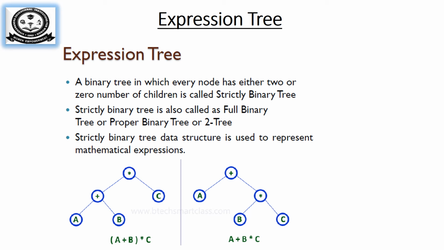When you are given an infix expression, that infix expression has to be converted into a postfix expression, and the postfix expression will be converted into an expression tree. With the expression tree, we can know which execution is carried out first and whose result is given to whom. That can also be identified in the expression tree.